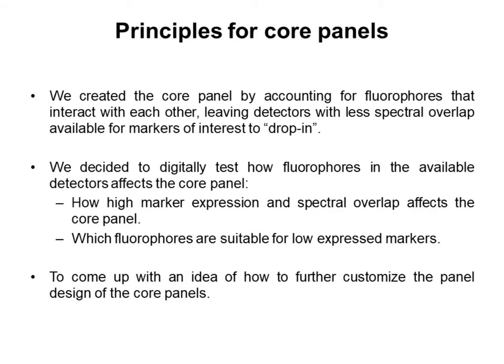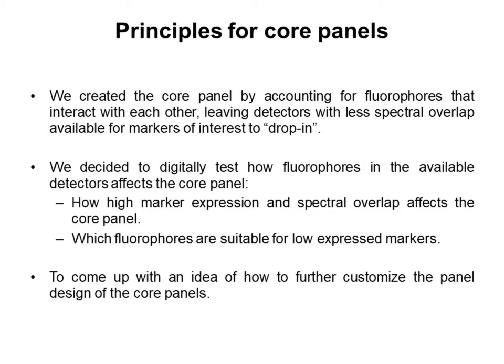So practically, what we've done is create core panels by accounting for fluorophores that interact with each other, leaving detectors with spectral overlap available for markers of interest to drop in.